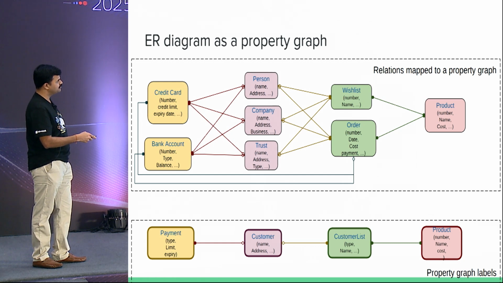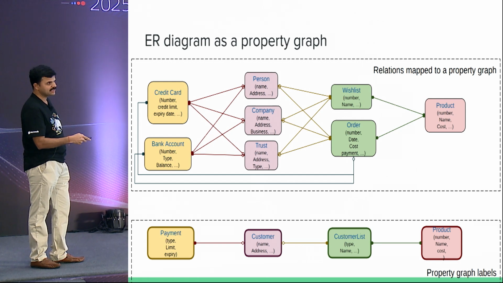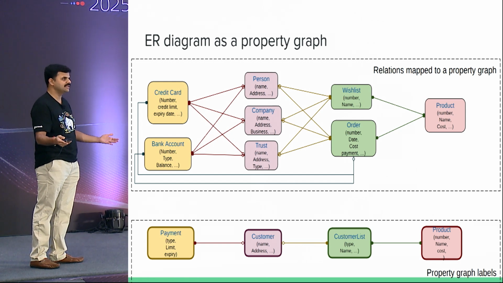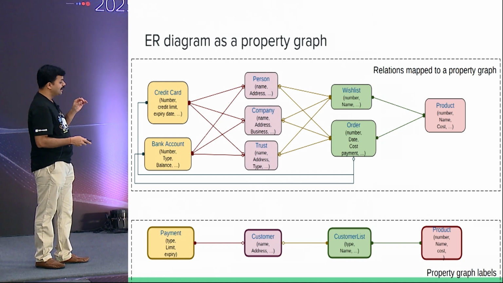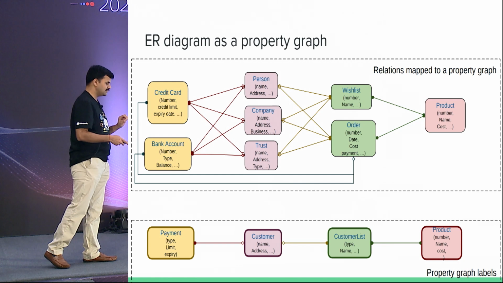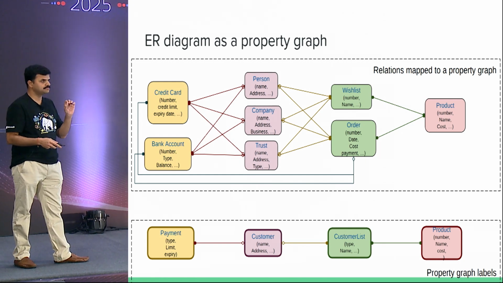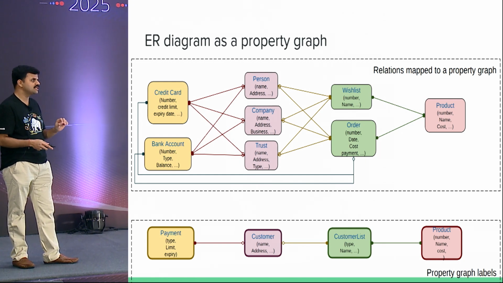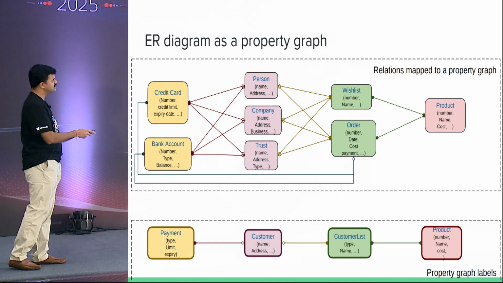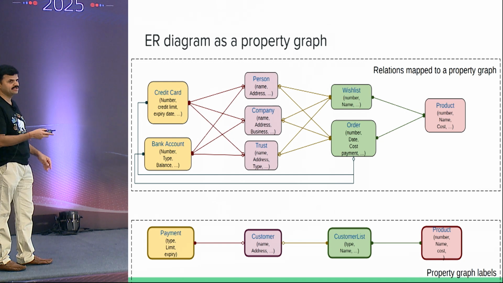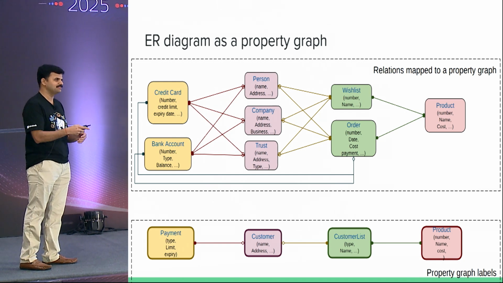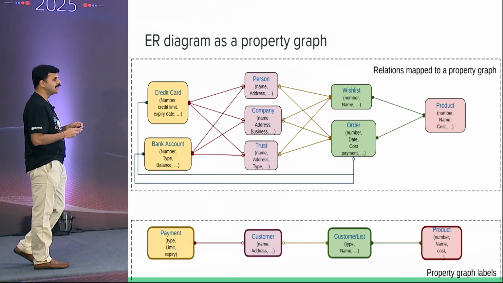What we have to do is just map this ER diagram to the property graph, and then your database is ready to look like a graph database. The fascinating, at least to me, feature of SQL PGQ is that each of these tables can have millions of rows, or even billions, trillions, whatever scale you want.